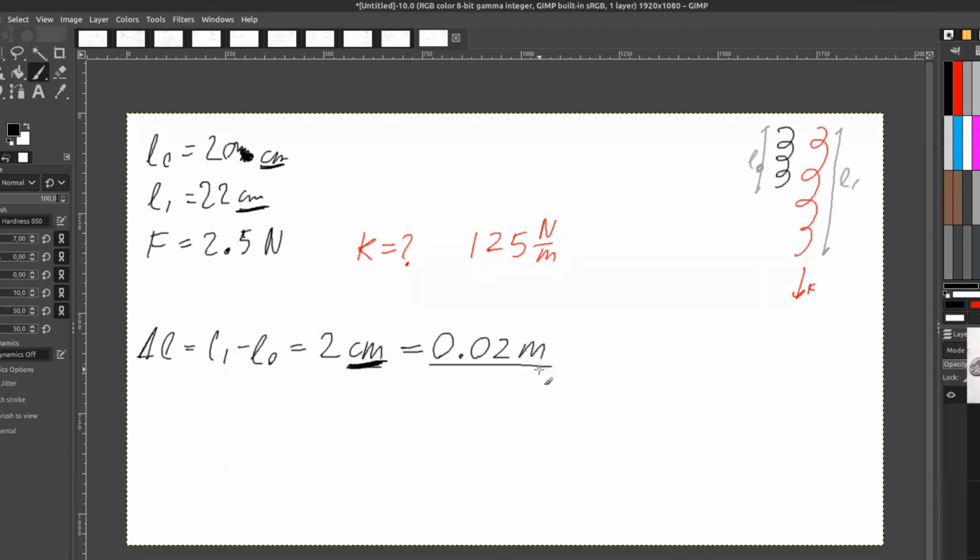It is, I don't know. It is 0.02. Remember from before, 1 centimeter is 0.01 meters, which is 1/100. So 2 centimeters will be 0.02 meters.